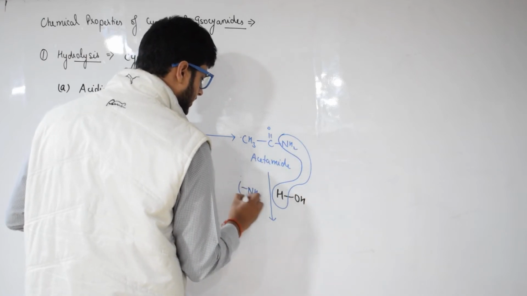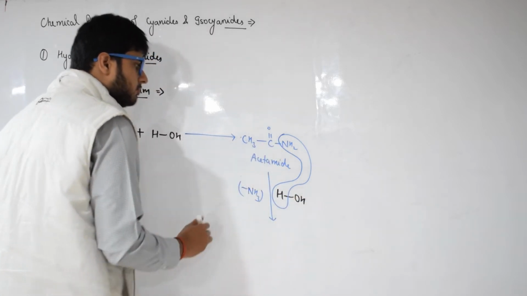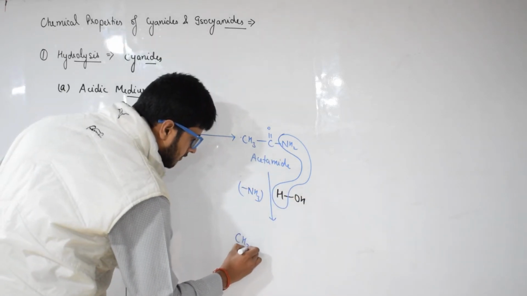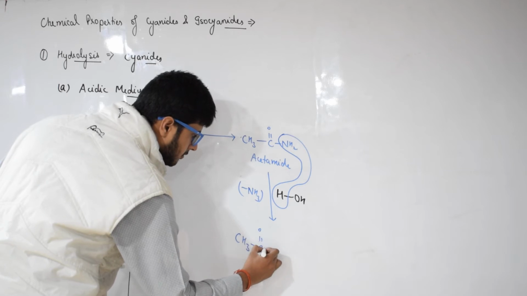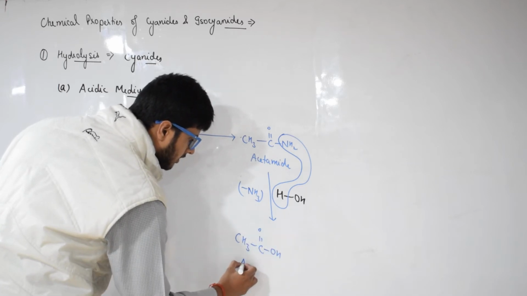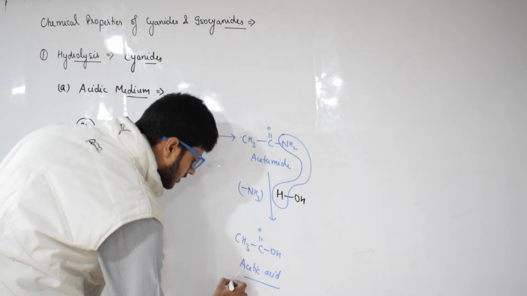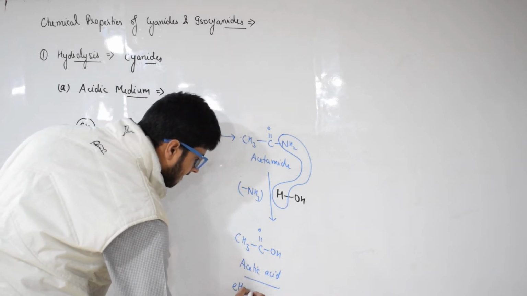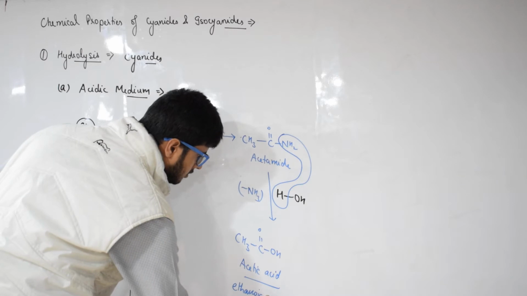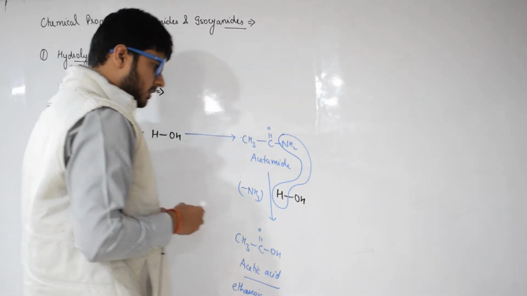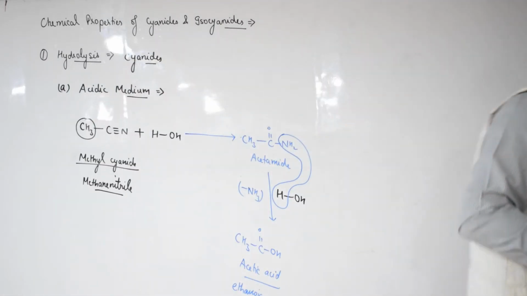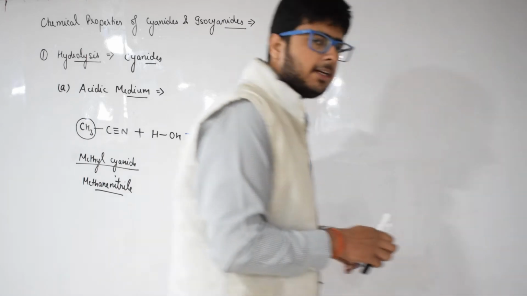A molecule of ammonia is eliminated and this OH is introduced over here. It leads to the formation of CH3C double bond OOH. This is commonly called acetic acid, or its IUPAC name is ethanoic acid. This was the first case, hydrolysis in acidic medium of cyanides.